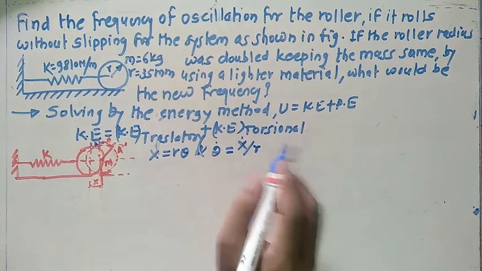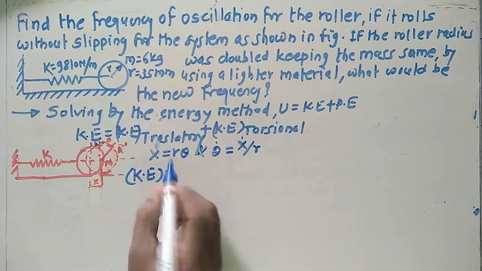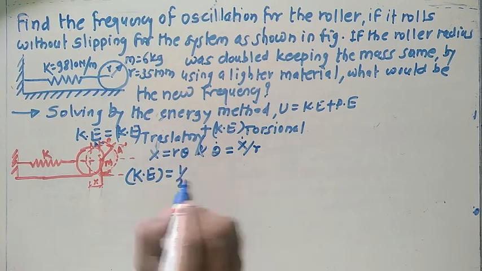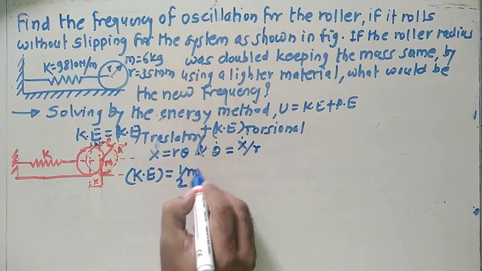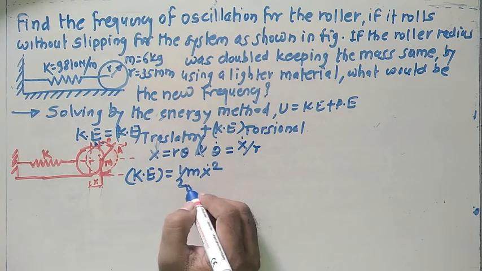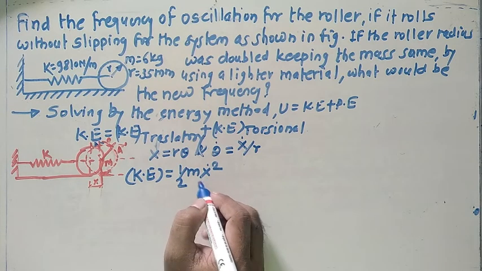So what about the kinetic energy here? When the roller possesses translatory motion, the kinetic energy is 1/2 mass multiplied by its velocity square. During the linear or translatory motion, you just consider the linear displacement and linear velocity.